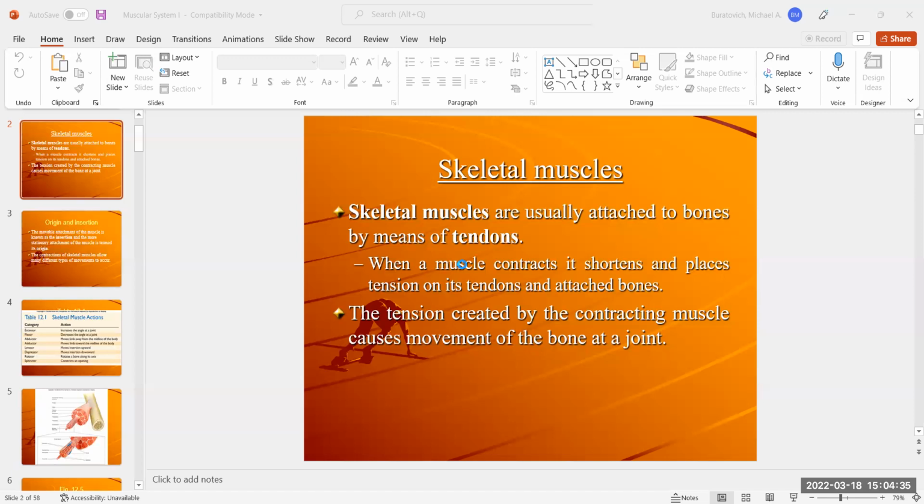So the M band is right smack in the middle of the sarcomere, and the other side is a reflection of the opposite side. That M band consists of a molecule called myomesin. That's in the M band. And we're going to see the role of the M band proteins here in just a bit.